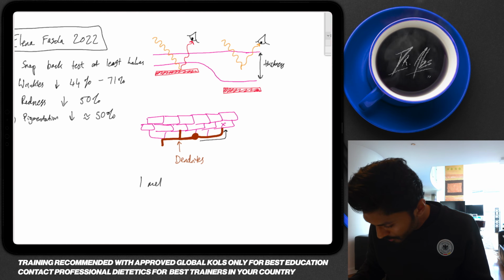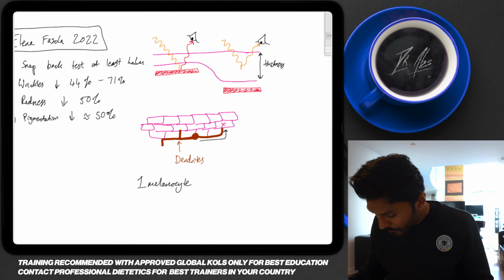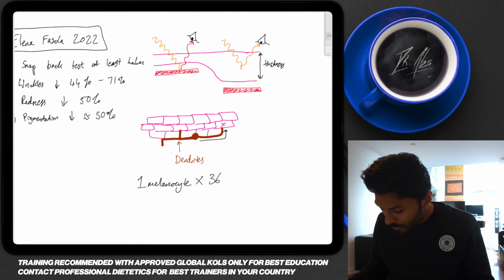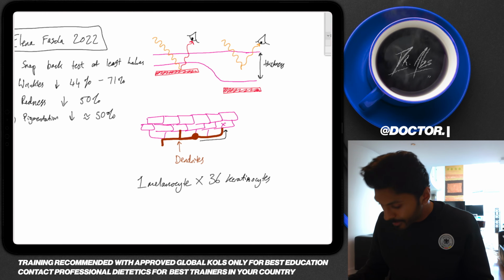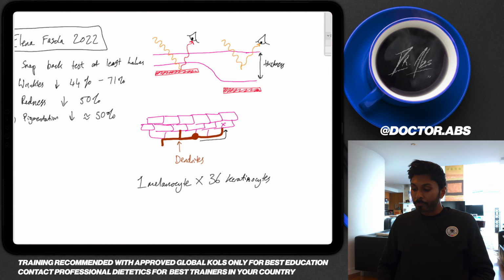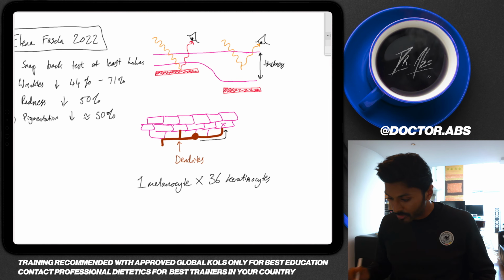Interestingly, I can tell you that one melanocyte can interact with up to 36 keratinocytes, okay? So you can post presents to 36 Kevins, essentially, is what this is saying.